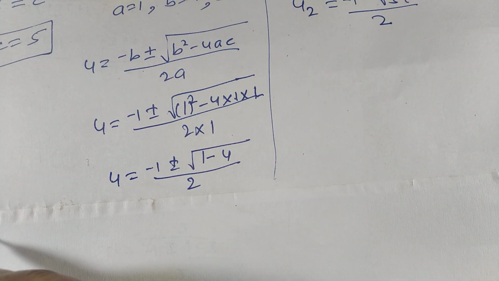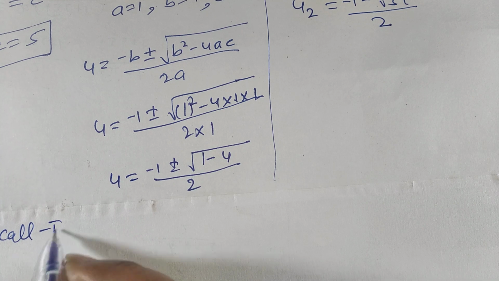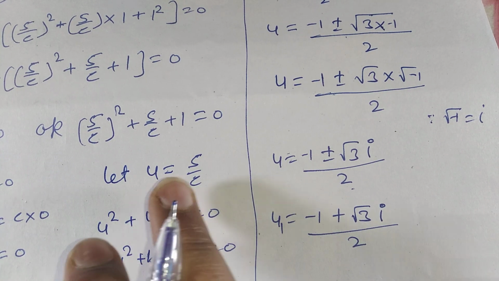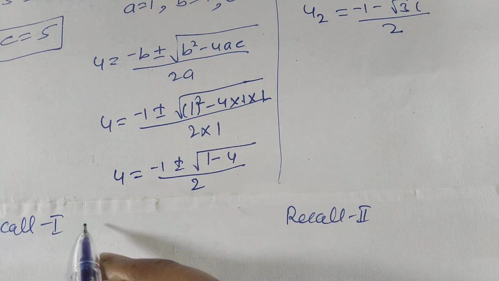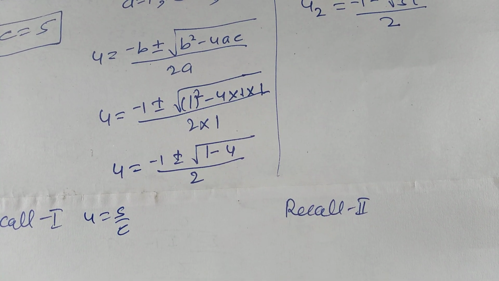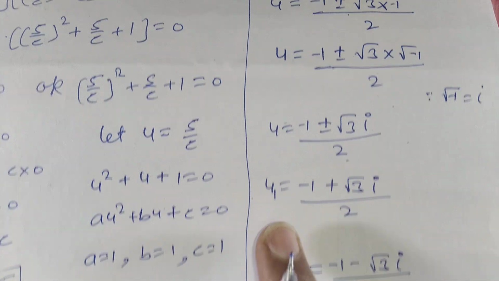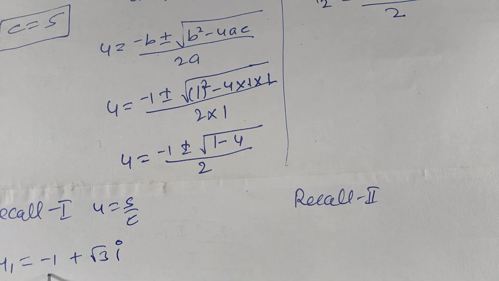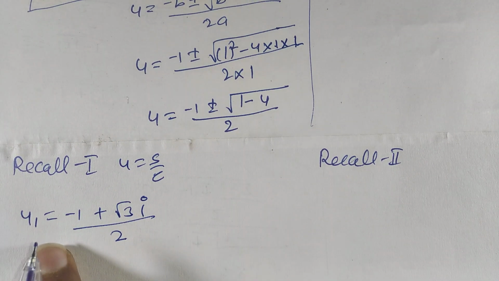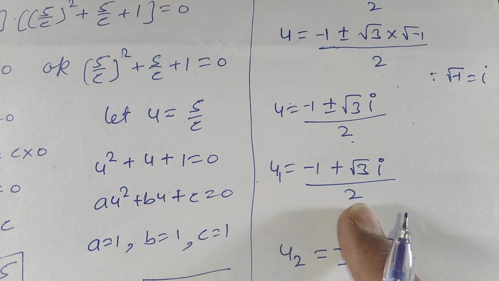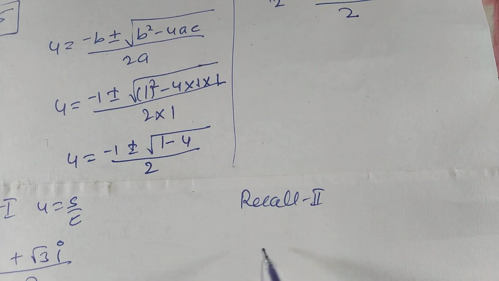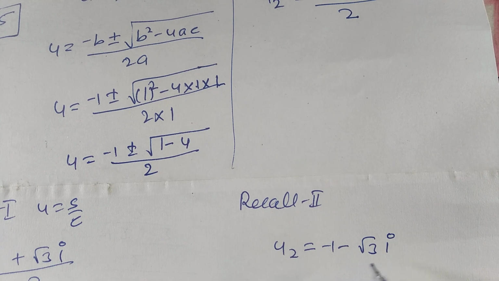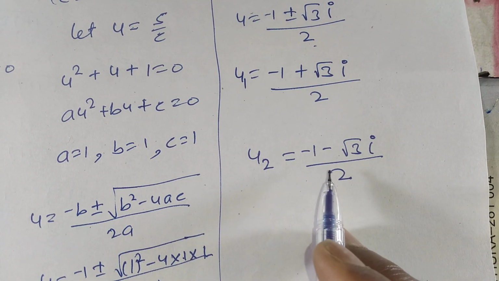Recall the first and recall the second. u is equal to 5/c. u1 is equal to minus 1 plus square root of 3 iota over 2, and u2 is equal to minus 1 minus square root of 3 iota over 2.